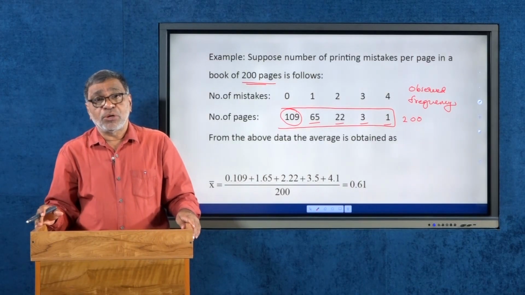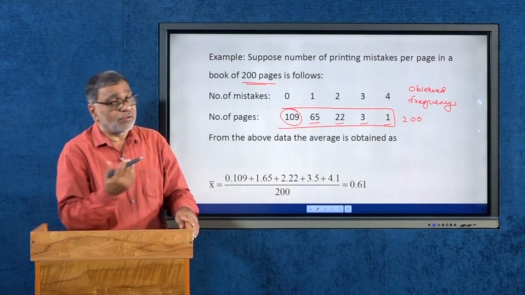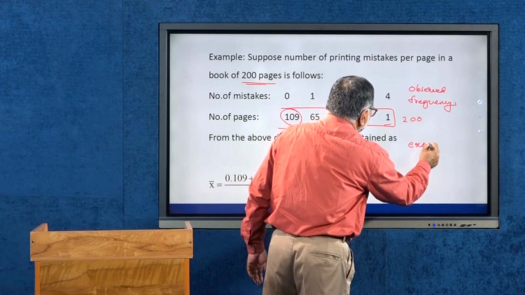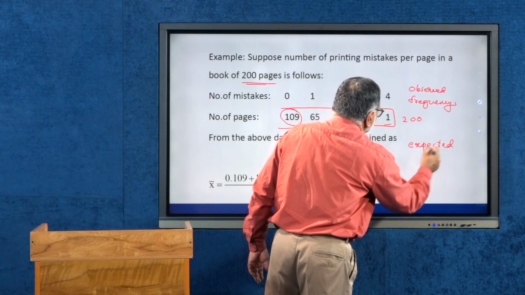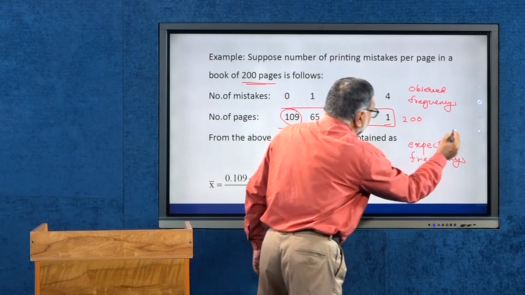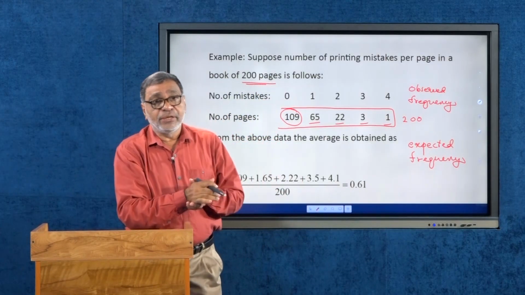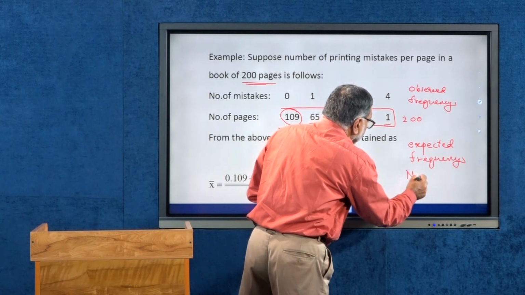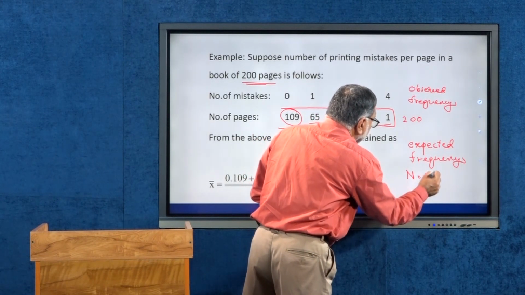To find the expected frequency, we apply the Poisson distribution model, out of n equal to 200 pages. We have 200 pages.